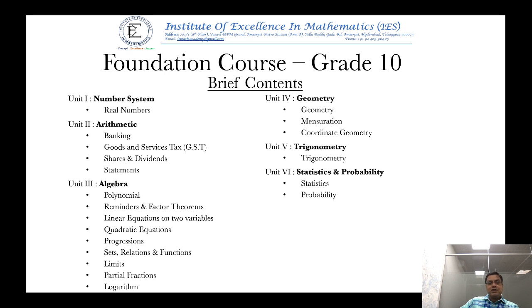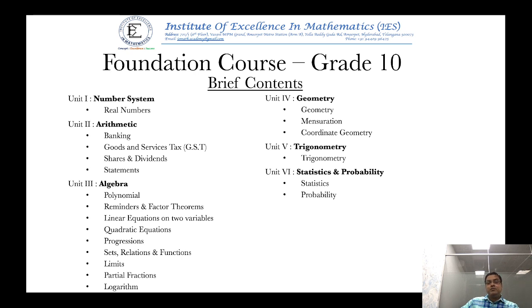And then unit 3 will cover polynomials, remainder and factor theorems, linear equations of two variables, quadratic equations, progressions, arithmetic progression, geometric progression, and then sets, relations, and functions in detail, a continuation of class 9, and then limits, partial fractions, and logarithm in detail.